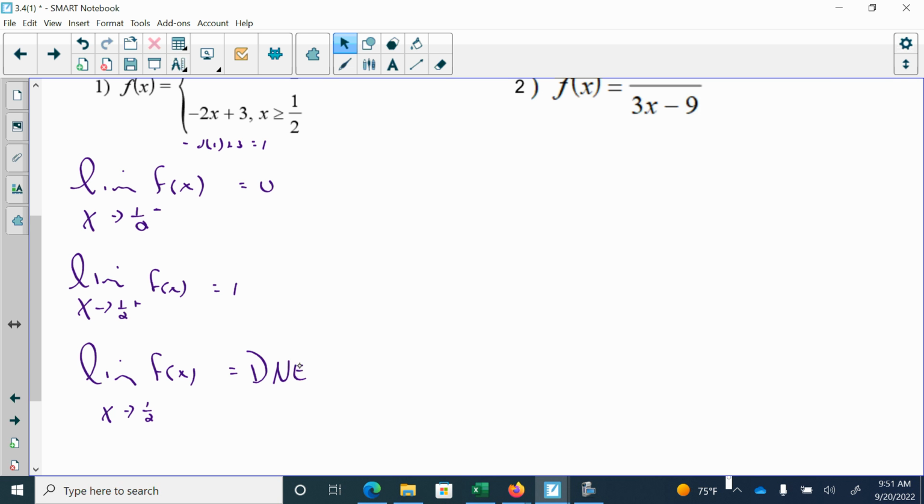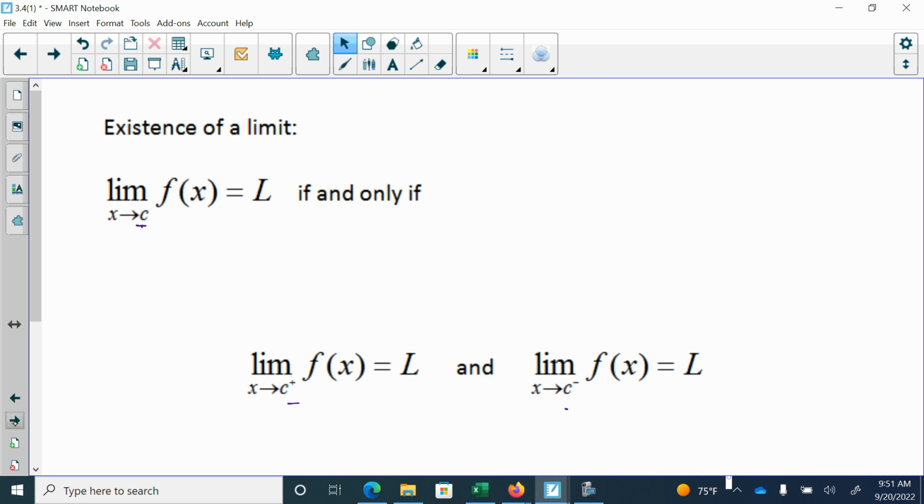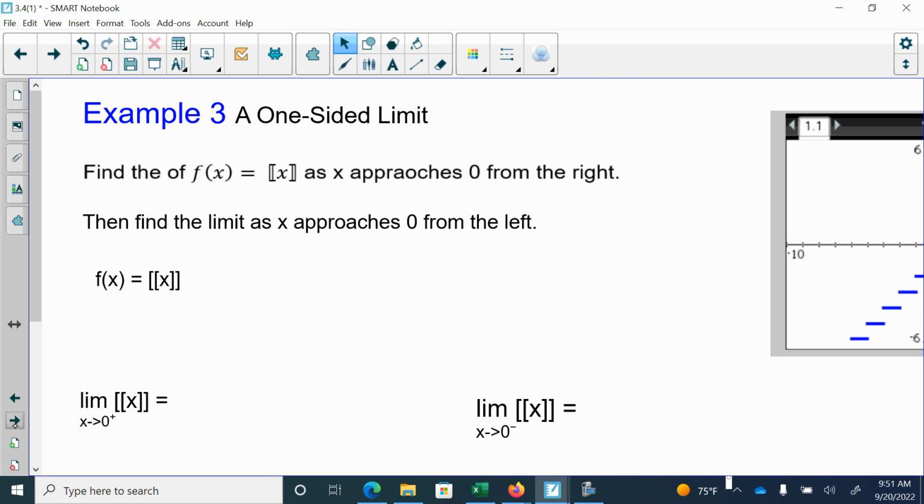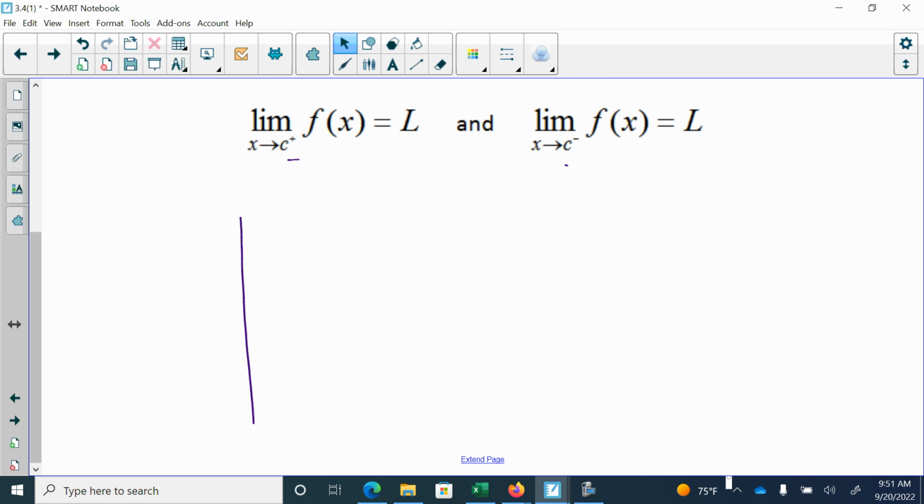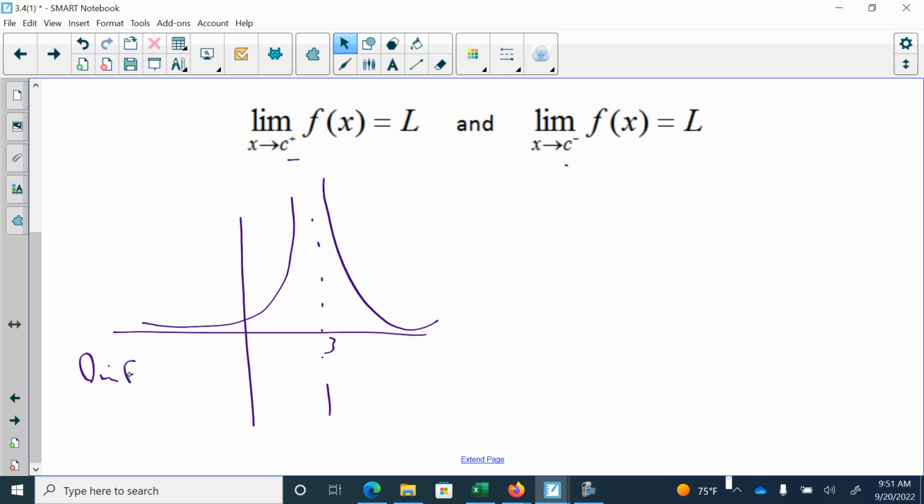Okay. And here's another thing too. Say I have a graph that does this and this, and let's say this is 3, and I take the limit of f of x as x approaches 3 from the left, you would tell me that's what? Positive infinity.